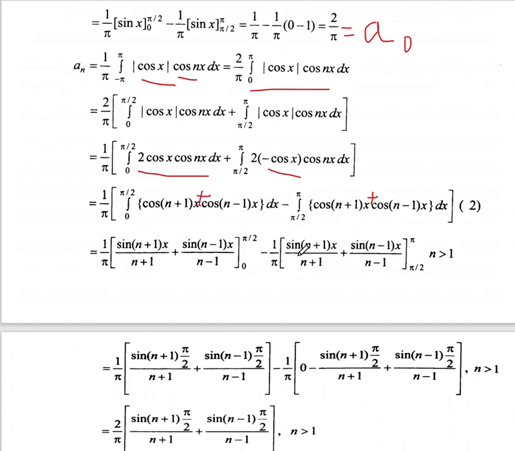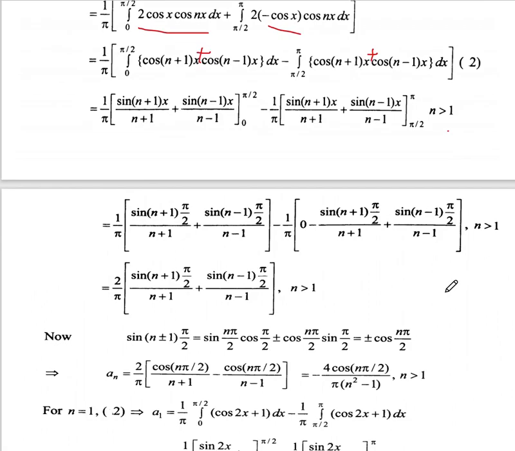Second integration, 1 upon pi, is sin n plus 1 x divided by the coefficient of x plus sin n minus 1 x divided by the coefficient of x, with limits pi by 2 to pi, for n greater than 1.